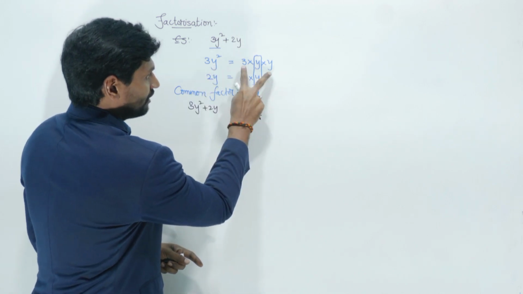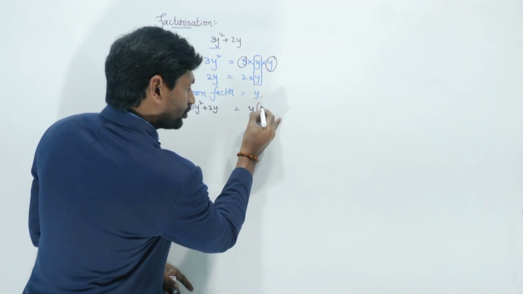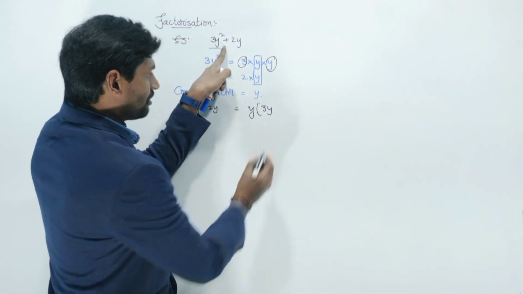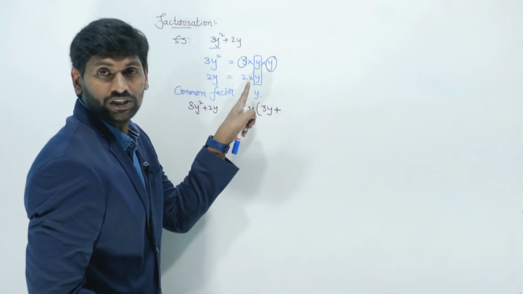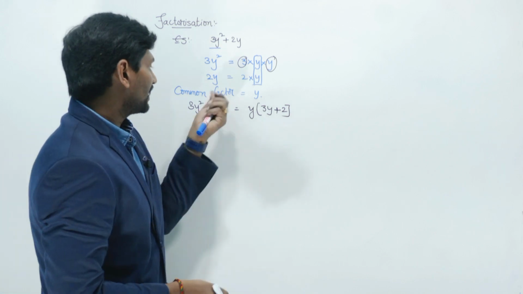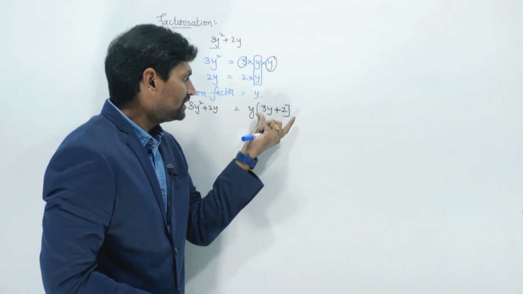Now see the first term. If you remove the y, what is remaining? 3 into y, which is 3y. Now the middle term is plus. From the second term, what is remaining? 2. Now see this: the given 3y square plus 2y is expressed as y into (3y plus 2).